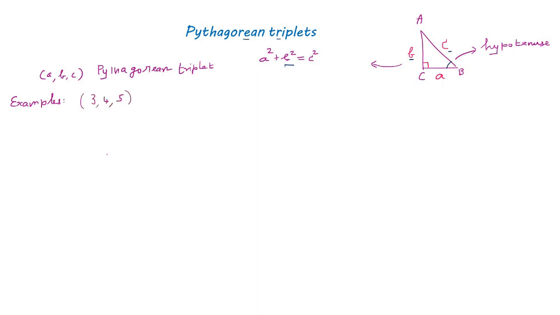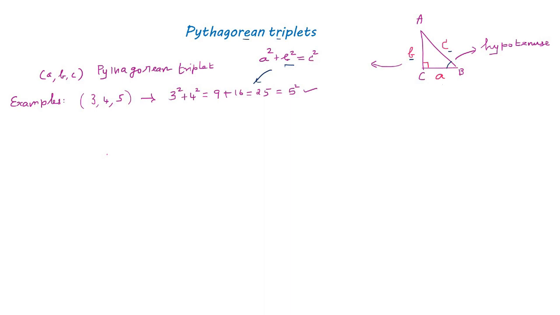If you take a as 3, b as 4, c as 5, then a squared plus b squared is equal to c squared is confirmed by these numbers: 3 squared plus 4 squared is equal to 9 plus 16 is equal to 25 is equal to 5 squared. So this is verified for these numbers, 3, 4, 5.